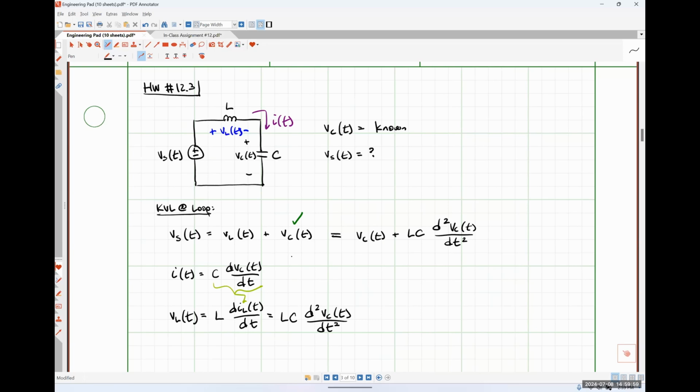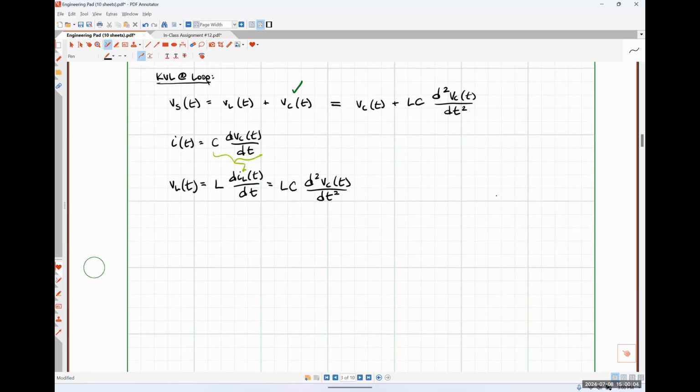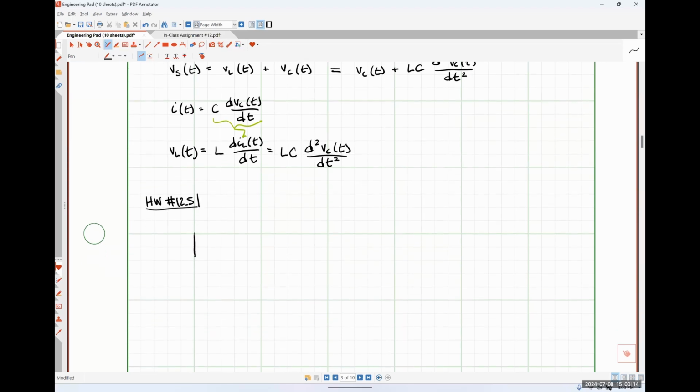All right. So problem 5 is similar, but I think it's a bit harder. Okay. So here's homework number 12, problem 5. In it, we have a voltage source, and it is a time varying source once again.